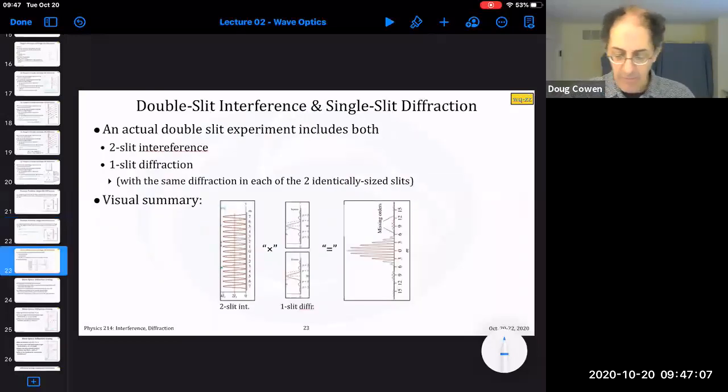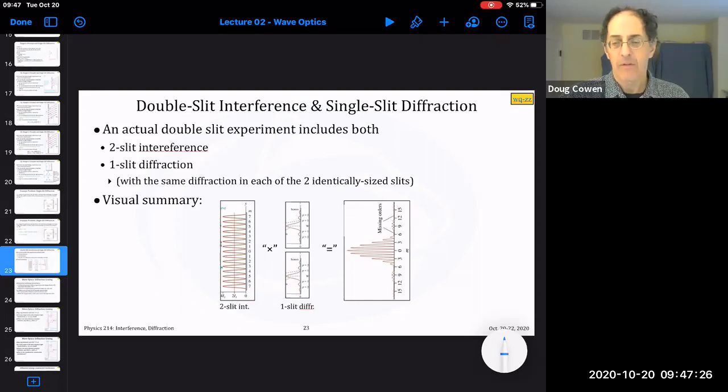Okay, so let me just summarize this by saying that what we typically have in an actual experimental situation is a combination of 2-slit interference and 1-slit diffraction.